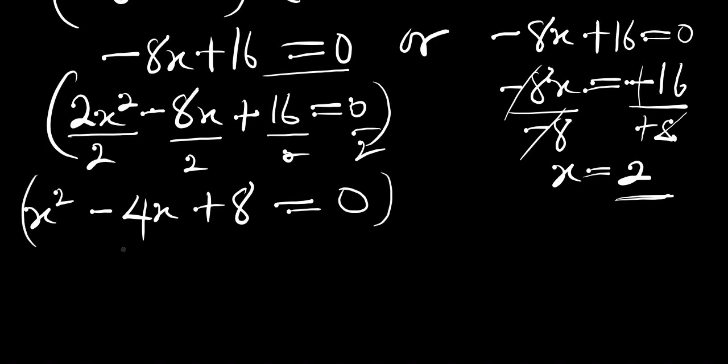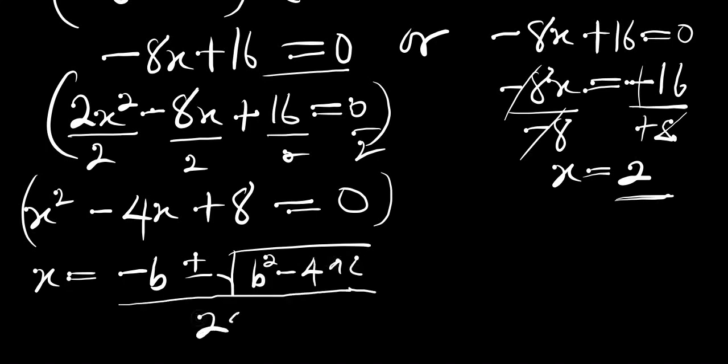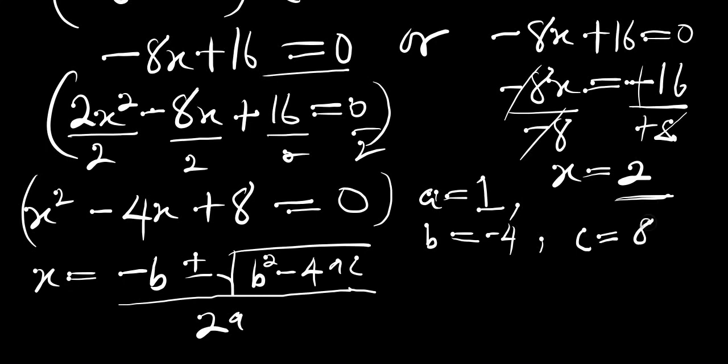Then the next thing is we can make use of the formula method to solve this quadratic equation. So we have x = (-b ± √(b^2 - 4ac)) / 2a. And from here we have a = 1, b = -4, and c = 8.